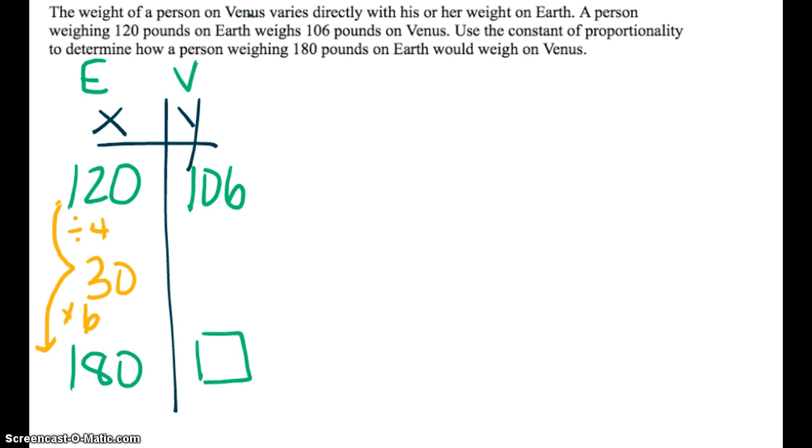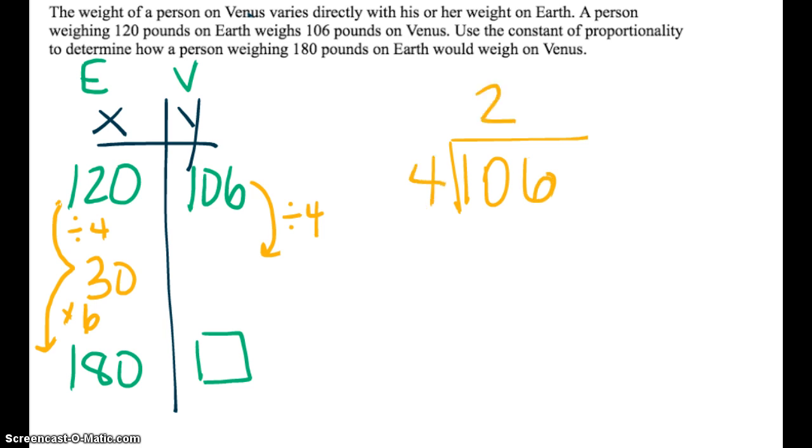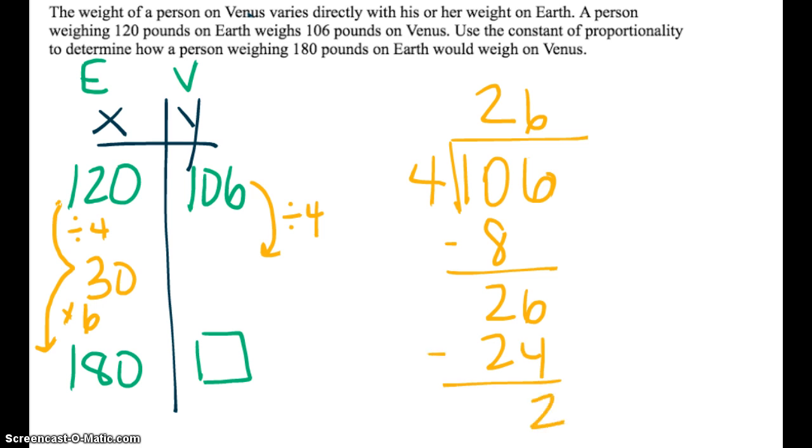Okay, so then over here, I would have to say 106 divided by 4. It goes in there twice. So that's 26 and 2/4 remaining, which is a half. And then I could multiply that by 6.